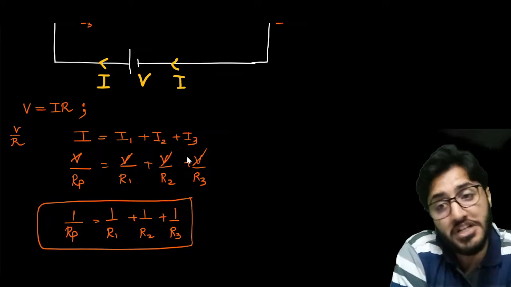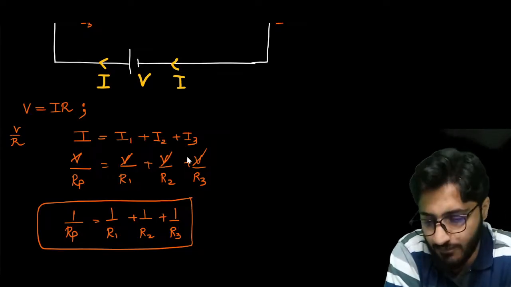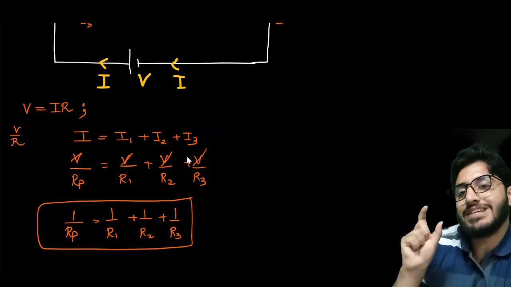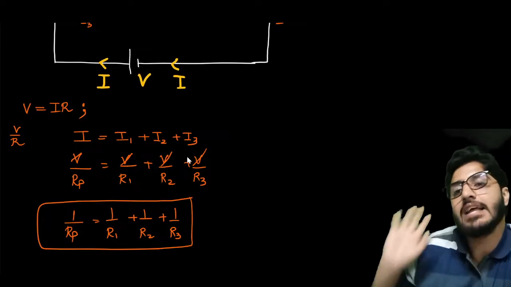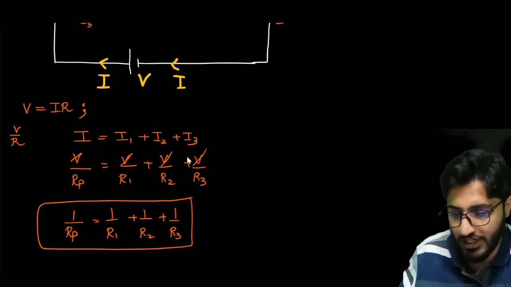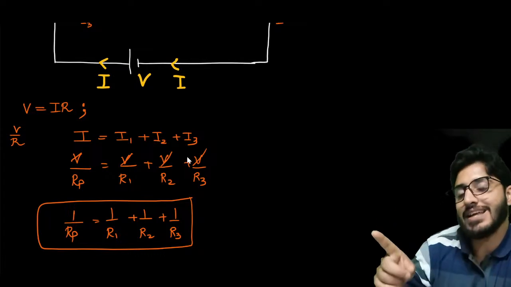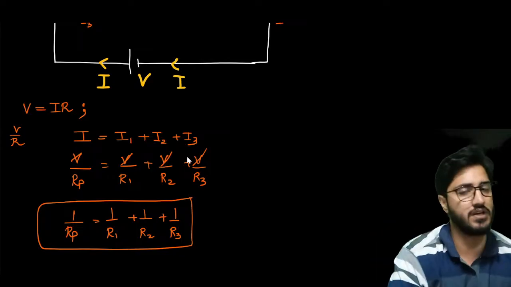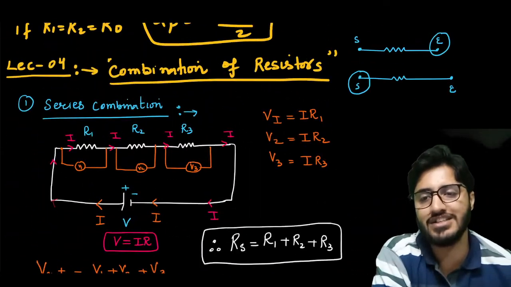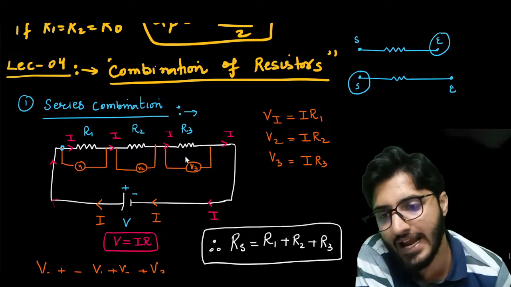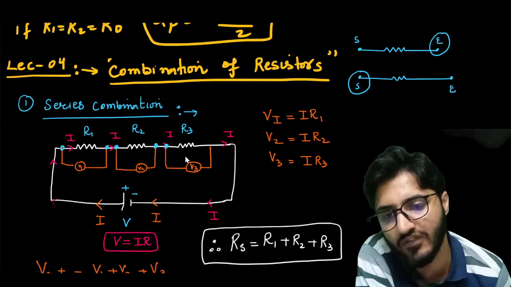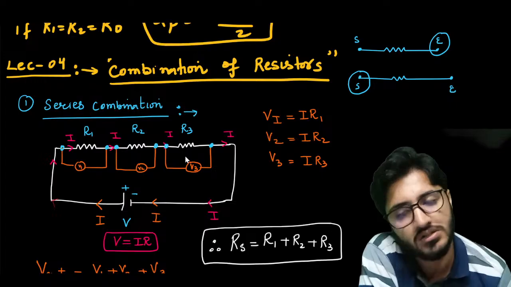Yeah, in parallel, potential remains same. Look, potential basically depends on the starting and the ending point of your resistor. Look here, in the series case, the starting point and end point are different for these three, so potential will be different.